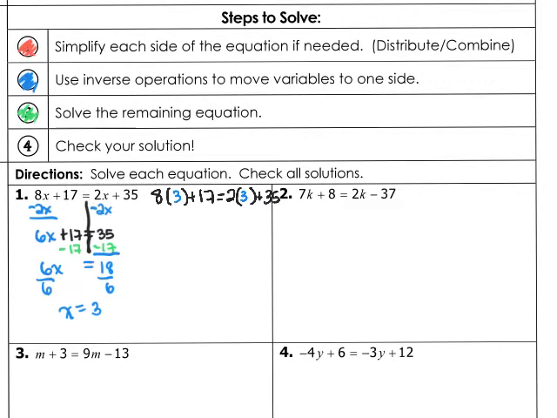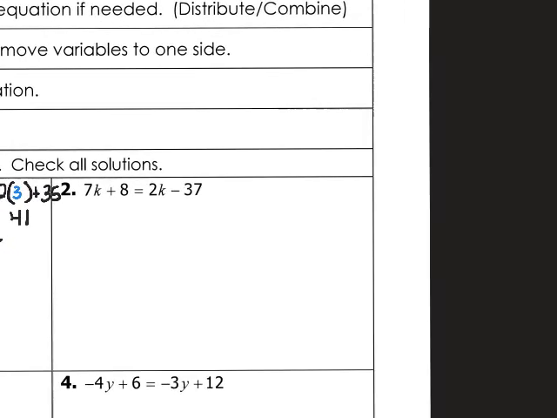And if we solved it correctly, the left side of this equation is going to balance with the right side. So 8 times 3 is 24, plus 17 is 41. 2 times 3 is 6, plus 35 is also 41. So is it true that 41 is equal to 41? Yes, it is.